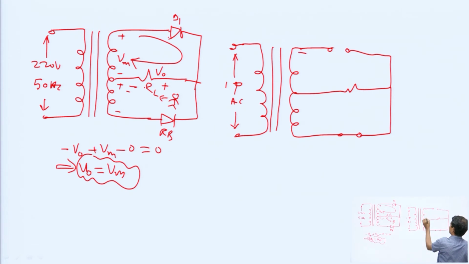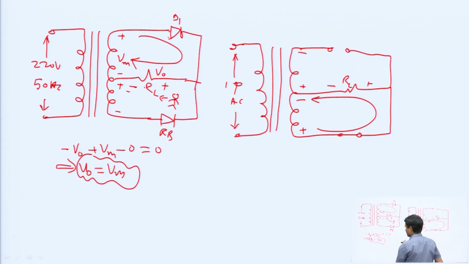The diode conducts in this loop, with plus and minus as shown, and still the direction of the current is from right to left. The direction of the current in both situations should be the same. If the direction of the current through the load resistance changes, then the purpose of rectification fails. So the precaution is that the circuit should be designed such that in both cycles the direction of the current through the load resistance is the same, and then we call it pulsated DC or a unidirectional signal.